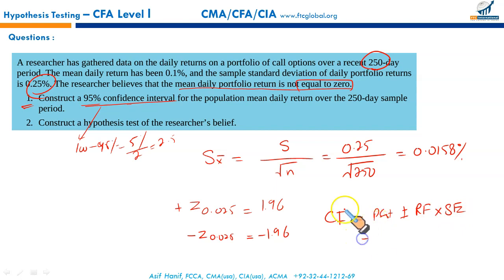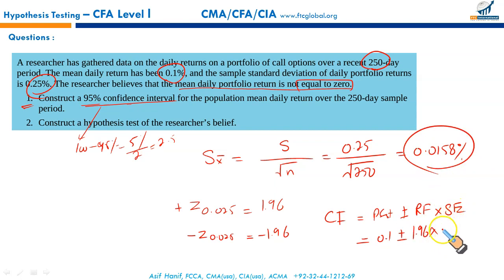All right, so here we go. This is the point estimate, 0.1, plus minus the reliability factor, that is 1.96 standard deviations from the mean, and the standard error we calculated in the previous part of the question, 0.0158. Its simplification would give you this confidence interval.